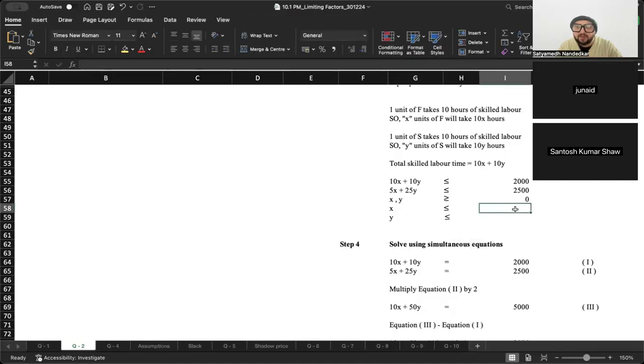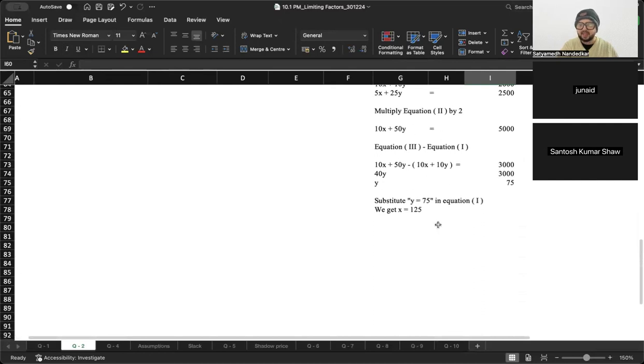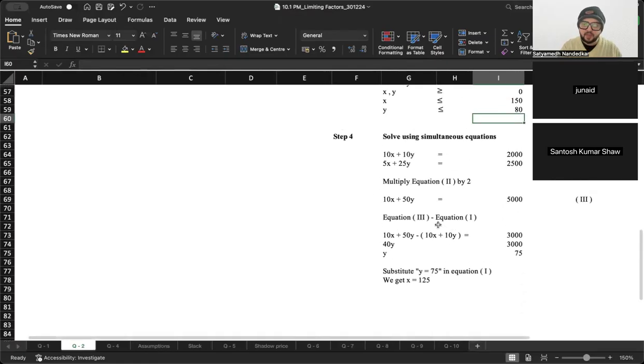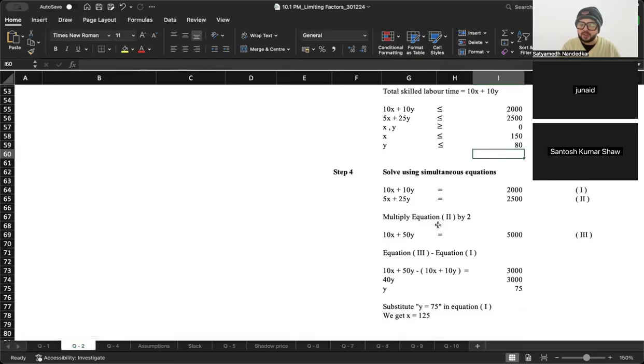X has to be less than 150 and y has to be less than 80, which if you observe is the case here. So that means x equal to 125, y equal to 75 is our optimal solution. Okay. So this is how you will solve a limiting factors question using simultaneous equations.